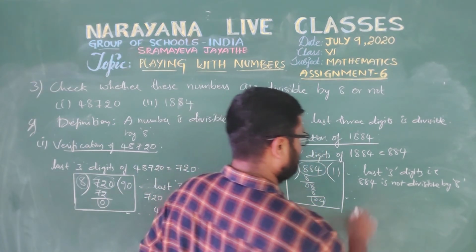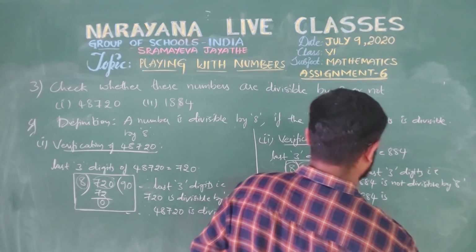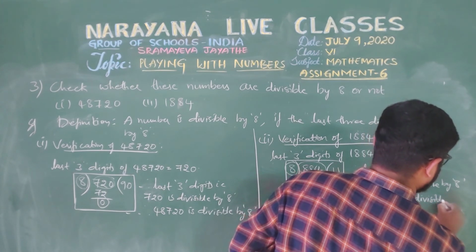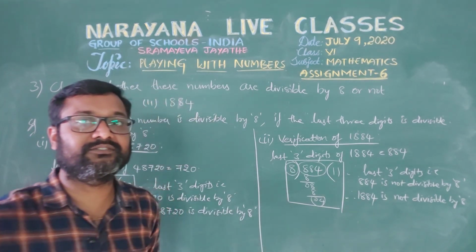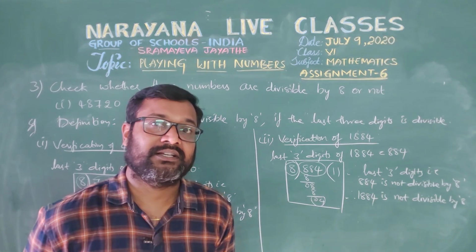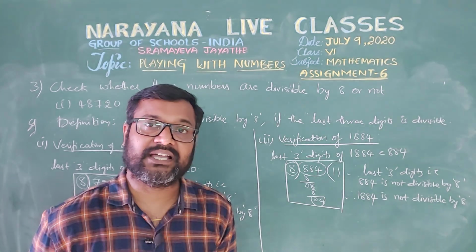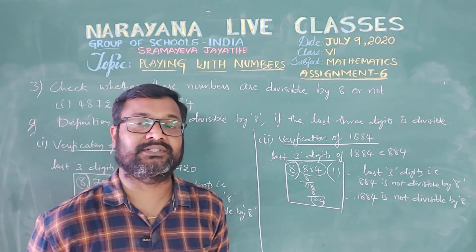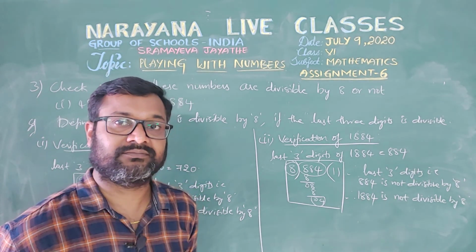Therefore 1884 is also not divisible by 8. So like this, using the divisibility rule, we can verify whether a number is divisible by the concerned number or not without doing actual division. So like this we can check any number using the divisibility rule without doing actual division.